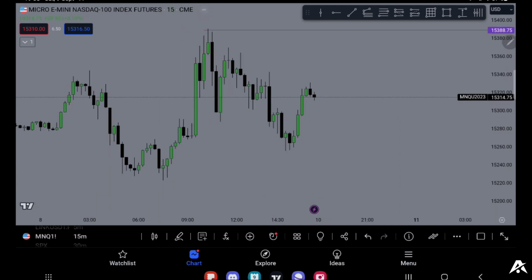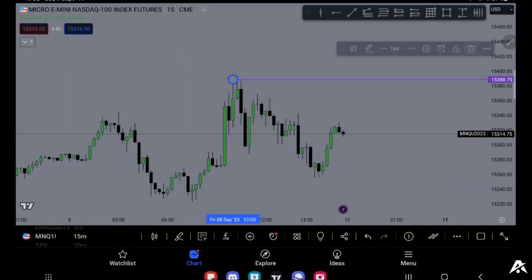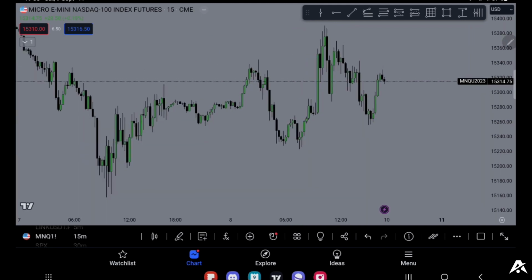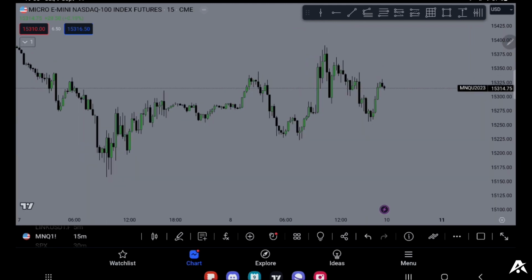So the point I'm trying to make here is that the open, high, low, close of the candles is something a beginner should never ever ignore, because at the end of the day, the open, high, low, close is what determines the price of the candle. And when you put a ton of these candles together, that gives you your price action. And this is what makes your order flow.